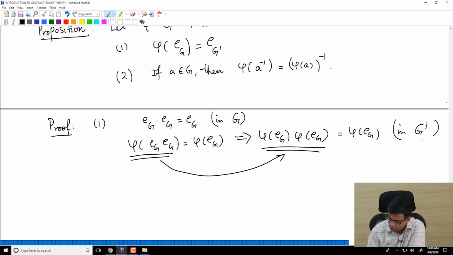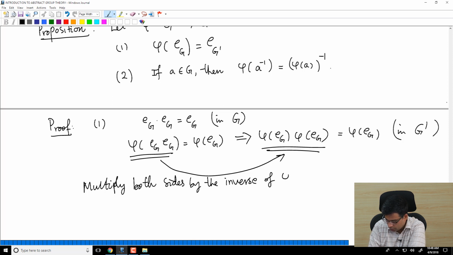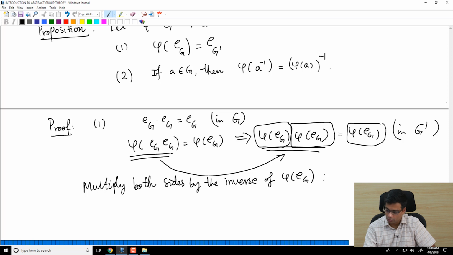So now what does this mean? We are trying to show that phi of E_G is E_G prime, but whatever it is, it is an element of the group G prime. So I can multiply both sides of this by the inverse of phi of E_G.